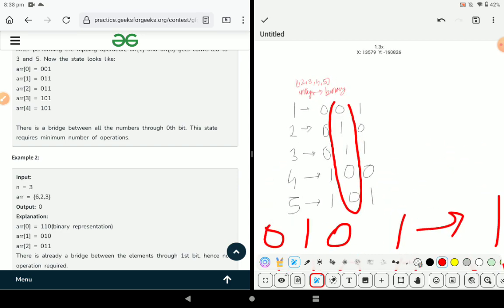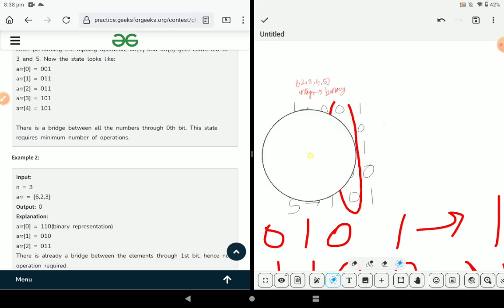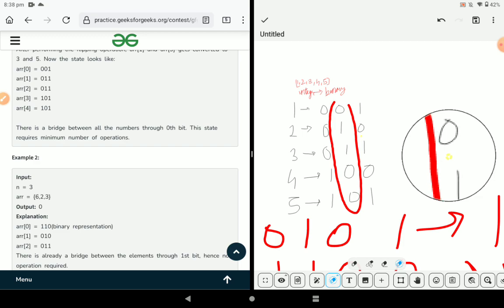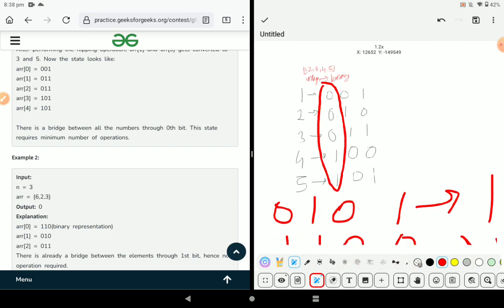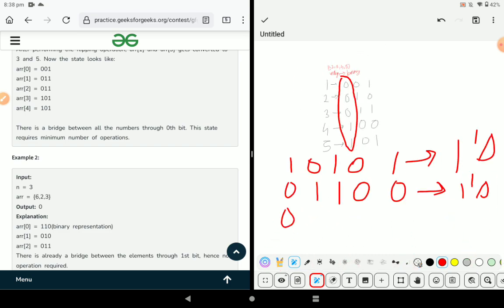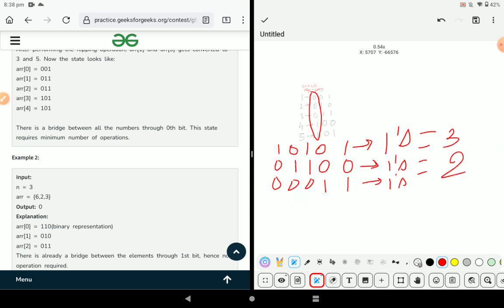Pretty simple. Now our last column is 0 0 0 1 1, so here also the number of ones is 2.